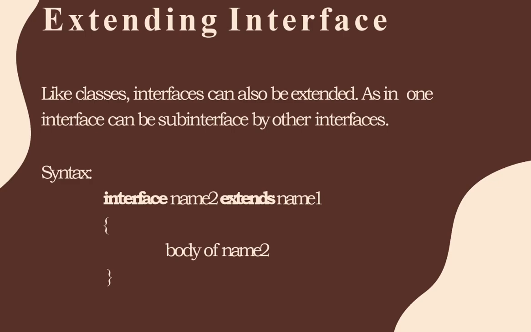Basically, inheritance is inheriting the properties of a superclass, and the subclass inherits these properties. So putting it in a statement, when a subclass is inheriting the properties of a superclass, it is called inheritance. There you go. So this is inheritance.